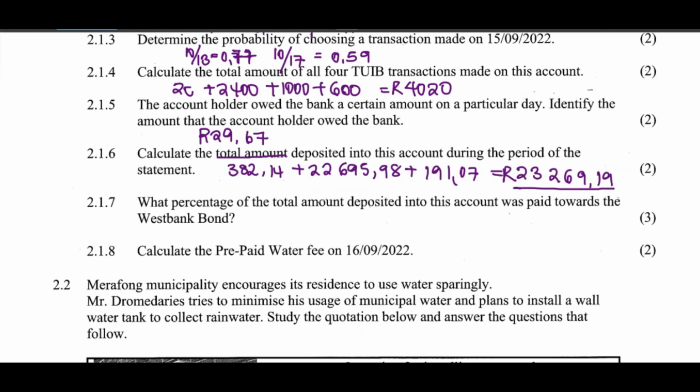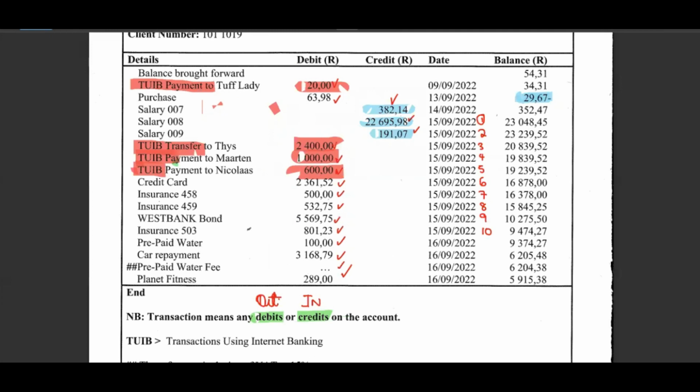What percentage of the total amount deposited into the account was paid towards the Western bond? They are asking, of this total amount deposited, how much was paid to the bond. So you have to go back to the annexure here. The bond is here. Of the answer we've got there, what percentage does this contribute?